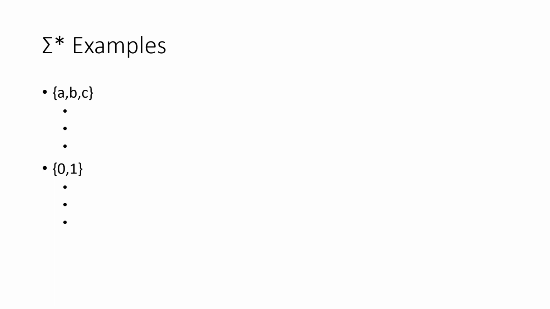So I recommend pausing the video and writing down some strings that have A, B, C as the alphabet and 0, 1 as the alphabet. I'll show some examples in a moment, and they probably won't match what you have, but that's okay as long as you have some examples that make sense. It means that you're starting to get what is meant by sigma star.